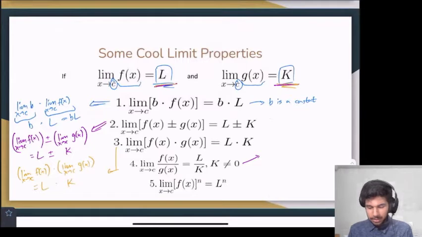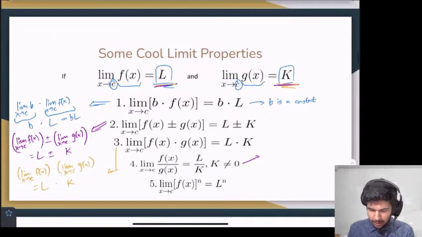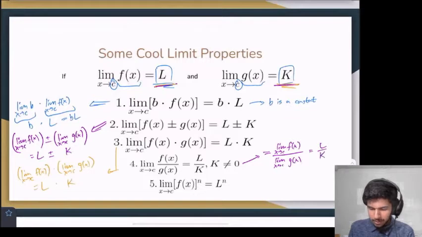It's just division this time, but that's essentially saying that it's equal to the limit as x approaches c of f of x divided by the same thing, but for g of x. And we're given both of those, L over k.